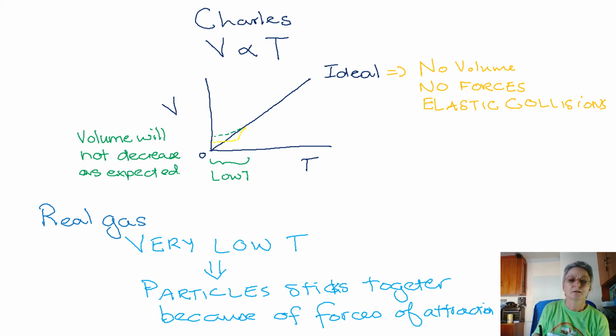So both forces actually play a role in this volume temperature relationship in a real gas. The volume will not decrease as expected because of the actual volume of the particles as well as the forces of repulsion between the particles.